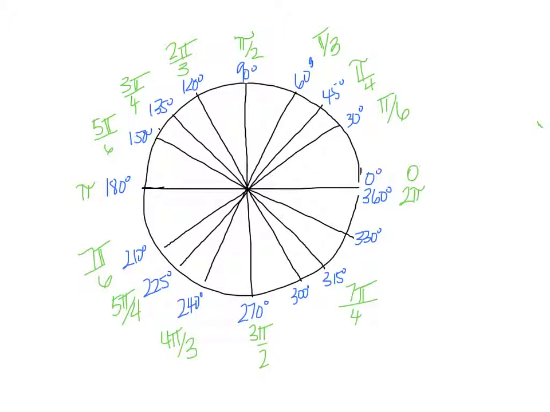What about 300? 10 pi over 6, which is 5 pi over 3. And what about 330? 11 pi over 6. What about 360? 12 pi over 6, which is 2 pi.